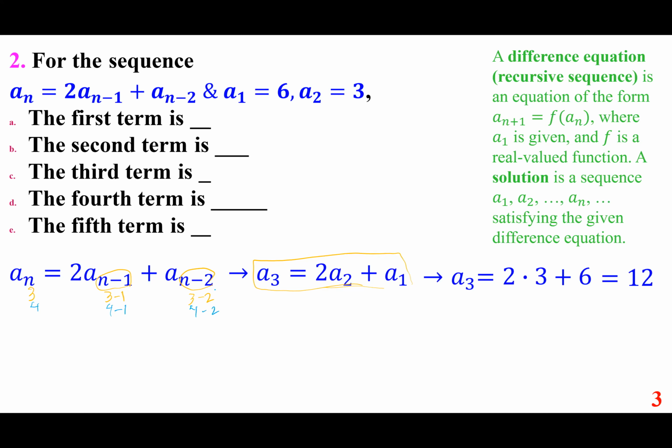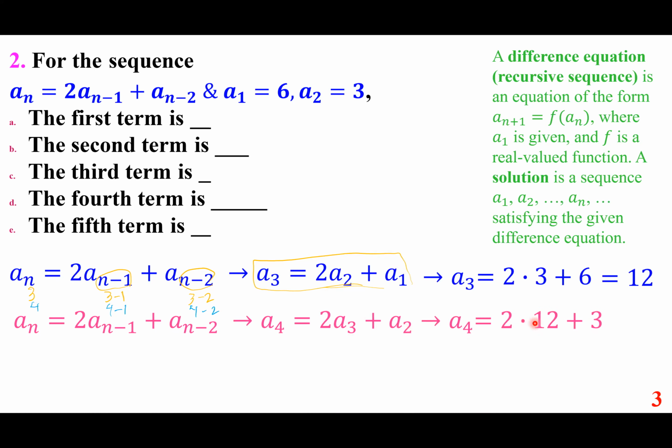So a sub 4 is 2 a sub 3 plus a sub 2. So 2 times a sub 3, 2 times 12, plus a sub 2, 3. So 2 times 12 is 24, plus 3 is 27. And again, we can easily find the rest of it.